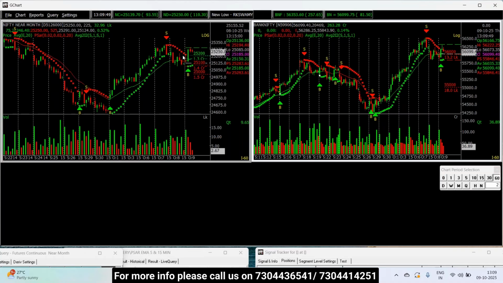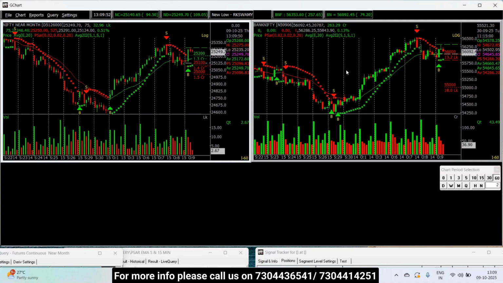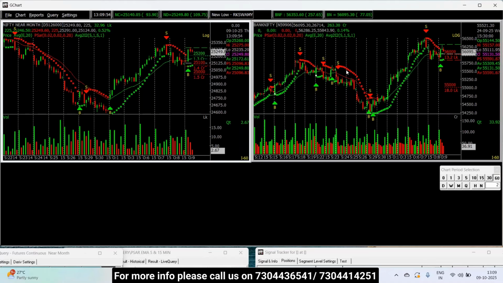Coming to Bank Nifty as well, you can see strong uptrends. Within just two trading sessions, we have seen a sharp bounce across multiple sectors, such as auto, banking, and even midcaps and pharma, which are showing solid strength. I'll show you that as well.